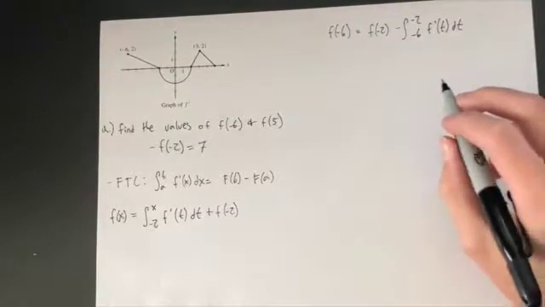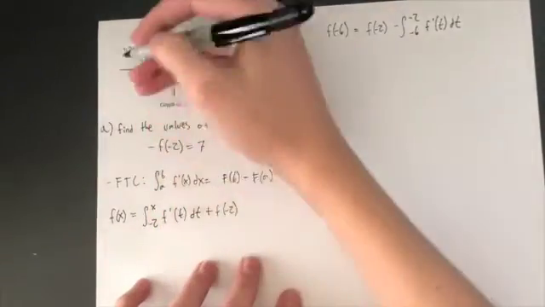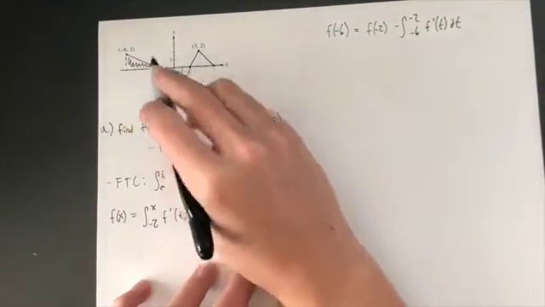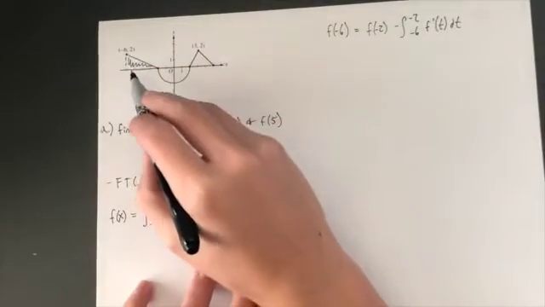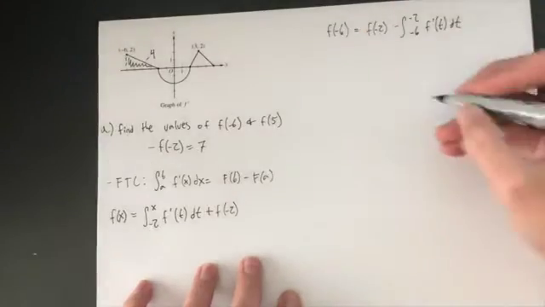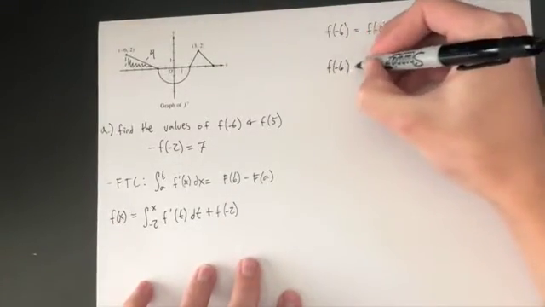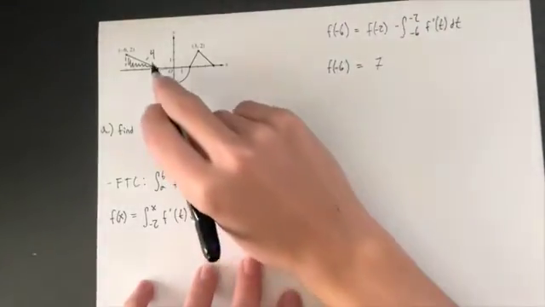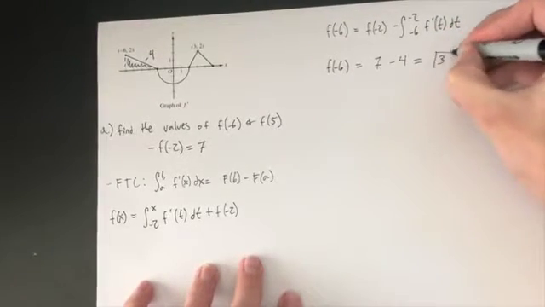To find this integral, we need to solve for the area of this triangle right here. We have a base of 4 and a height of 2, which gives an area of 4. So f of negative 6 equals 7 minus 4, which equals 3.